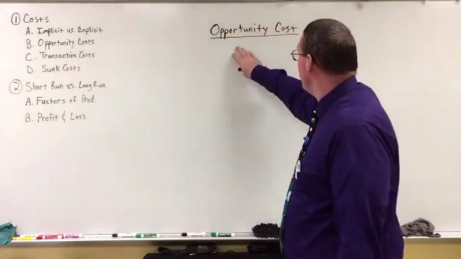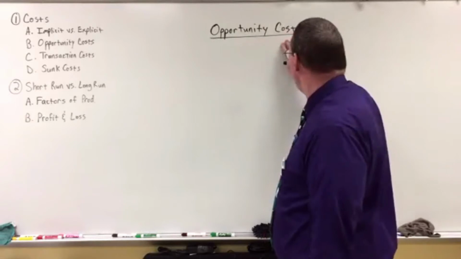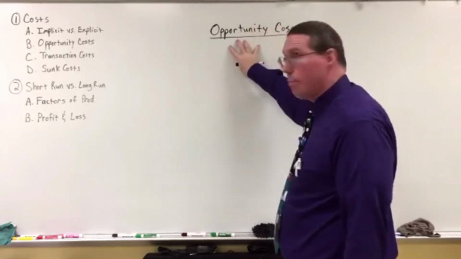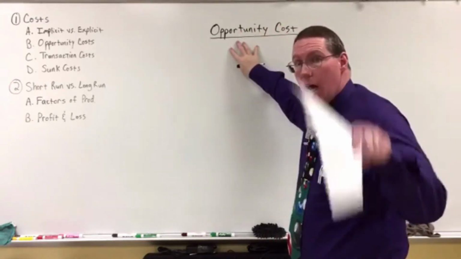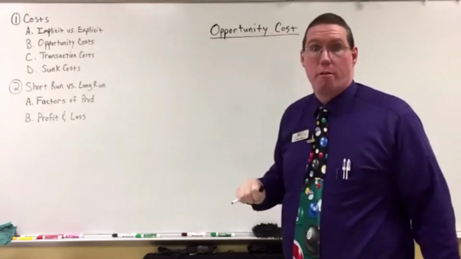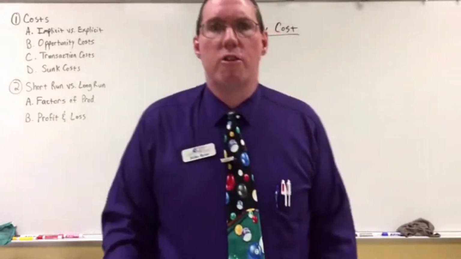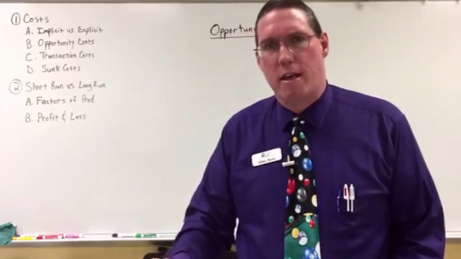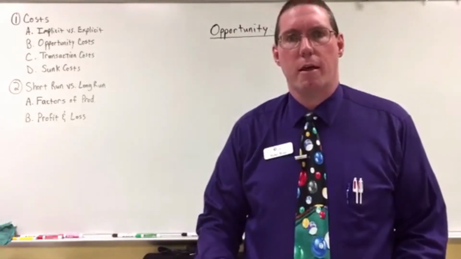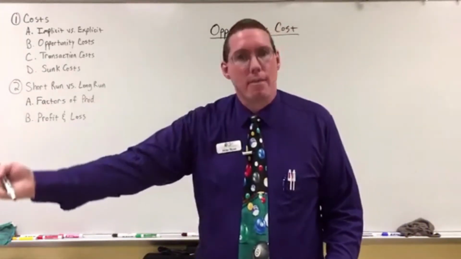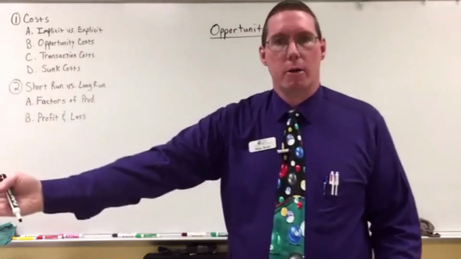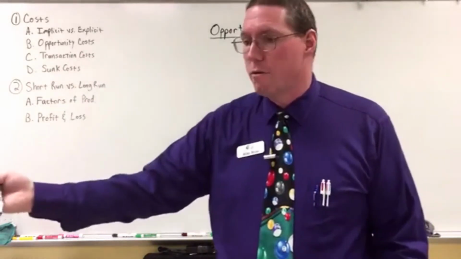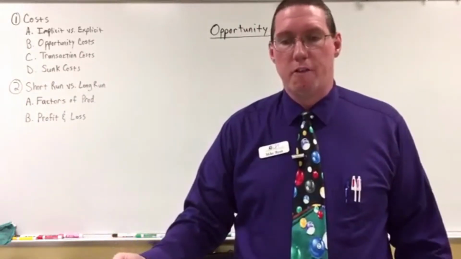So an opportunity cost is when you take that opportunity and you give it up, because it's a cost. You're giving up a chance to do something. You're sacrificing a chance to do something. Why? Because you're trying to get something else. You're trying to get a bigger goal. Your friend says, hey, let's go to the football game.